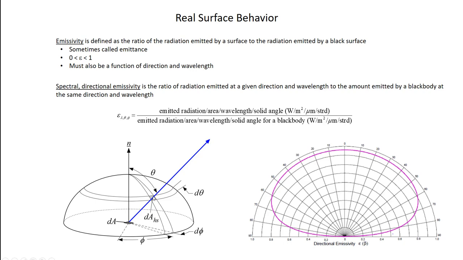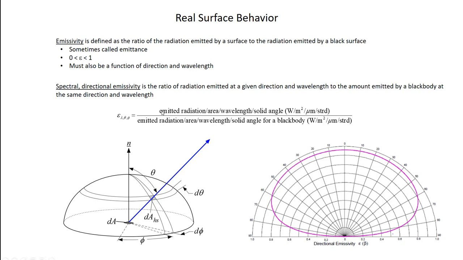If I'm talking about a differential theta and a differential phi, and the differential area that that differential set of angles defines on this hemisphere right here, that's a steradian. That's a differential area that is defined by differential theta and differential phi. So steradian, that's what that means.